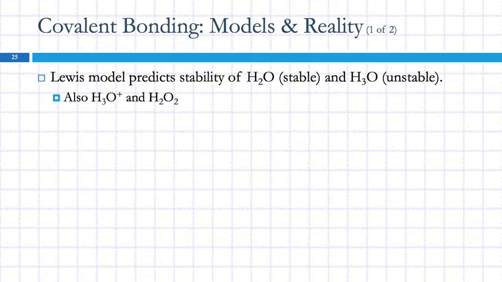So the Lewis model predicts that water, H2O, is stable, and that H3O is unstable. So let's look at those. We've already drawn the Lewis structure for water, so we're not going to go over the details of that again.